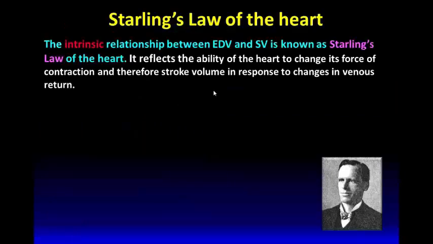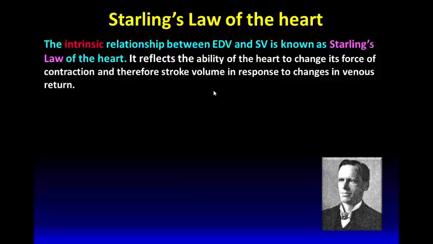This is an intrinsic relationship between the end-diastolic volume and stroke volume. It is beautiful that the heart regulates its stroke volume based on its end-diastolic volume.